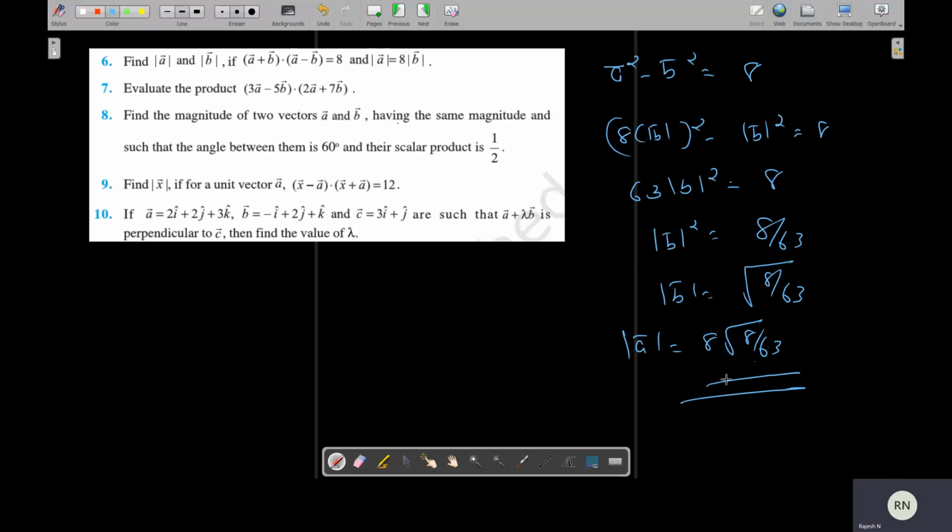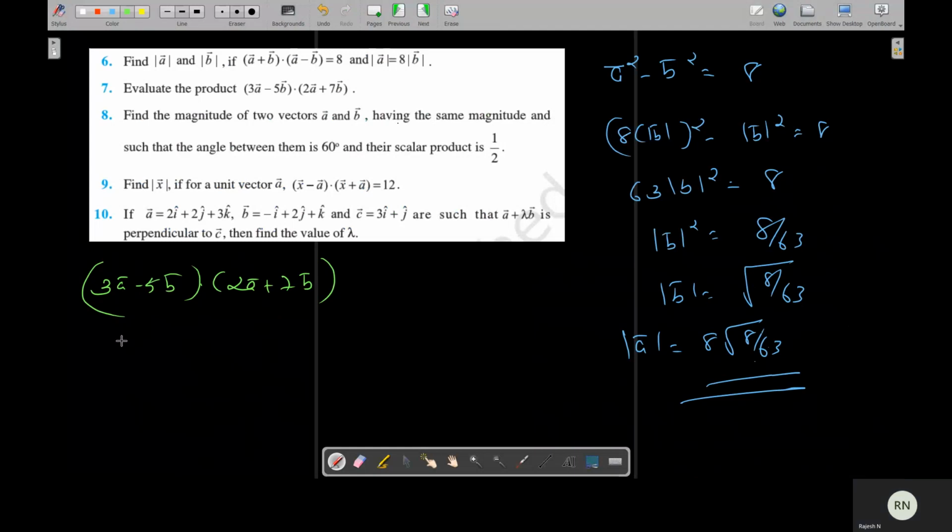Next, question number 7. Evaluate the product (3a bar minus 5b bar) dot (2a bar plus 7b bar). So you know a bar dot a bar is what? a squared.